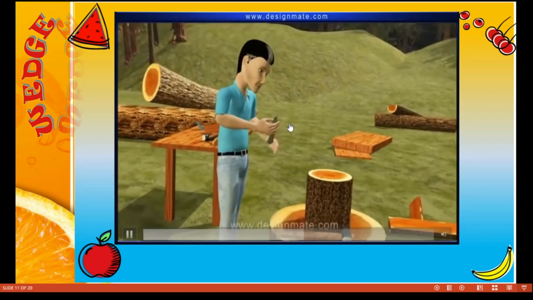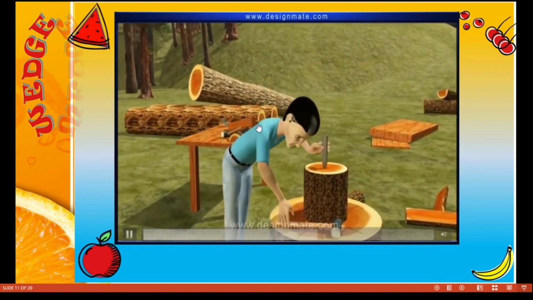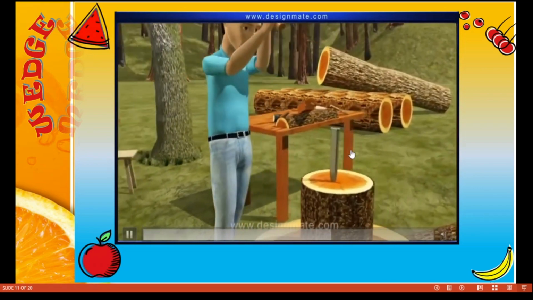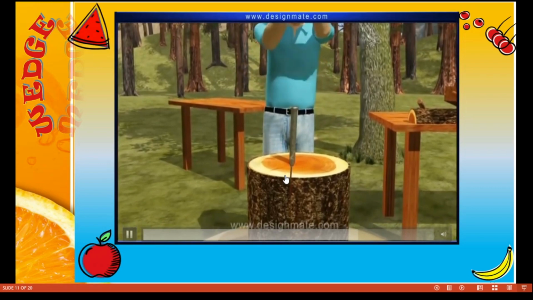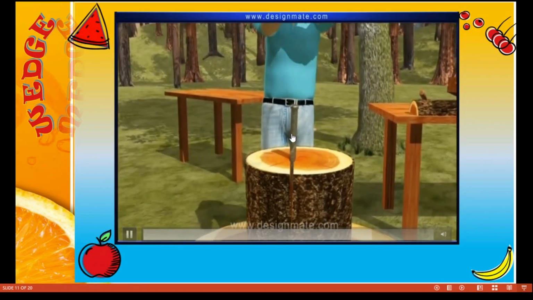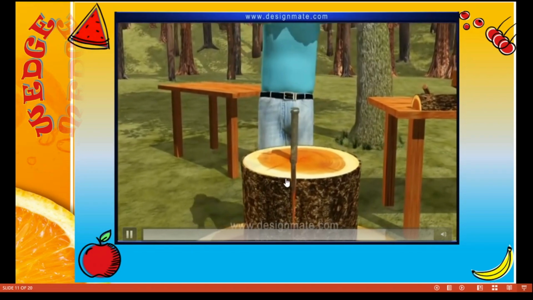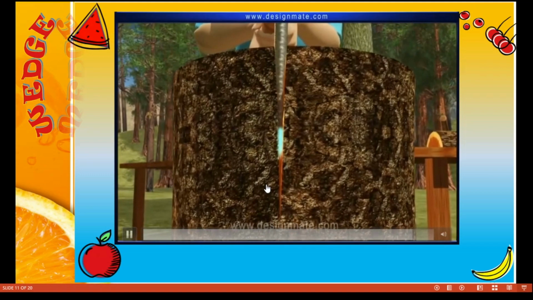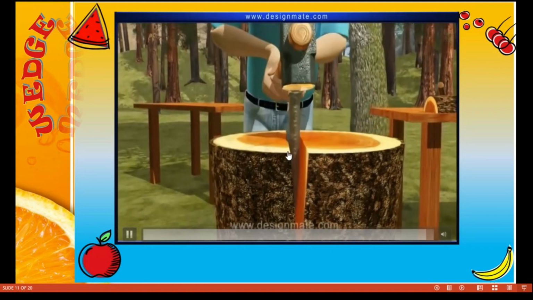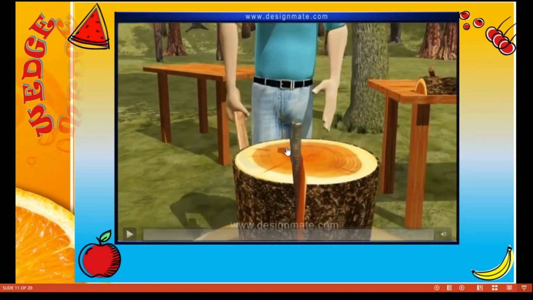These two inclined planes form a wedge. He is inserting this wedge into the cracks of the wood, and by applying force, that is the spreading force, the wedge splits the block of wood into pieces. If you watch clearly, he is applying a very small amount of force to split up this block of wood. So wedges basically reduce our effort.